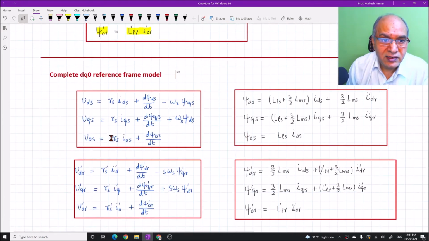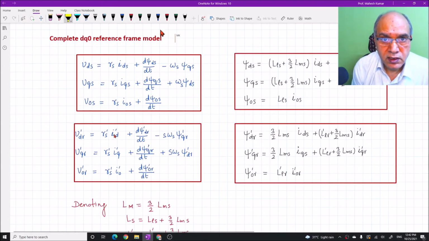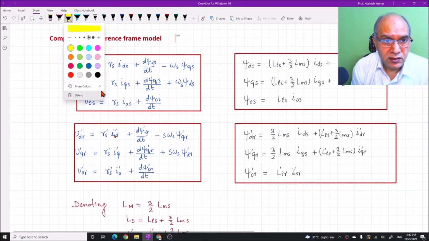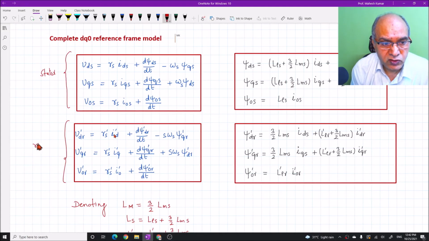So we can write the complete DQ0 reference model like this. The first block represents the voltage on the stator side, and the second one is the rotor side voltages in the DQ frame.